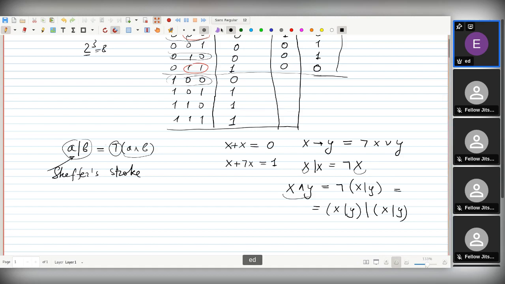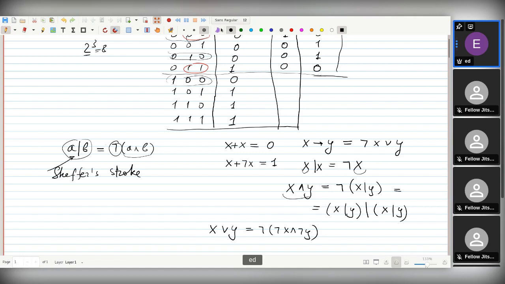Interesting. And moreover, we know that disjunction, according to De Morgan's law, can be obtained this way by negating the conjunction of two negations.